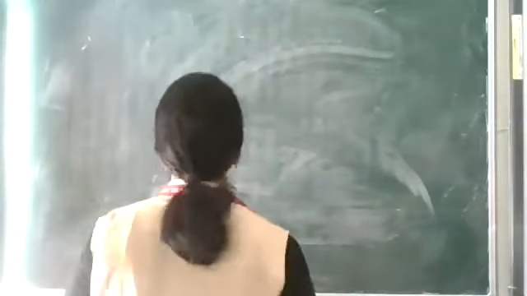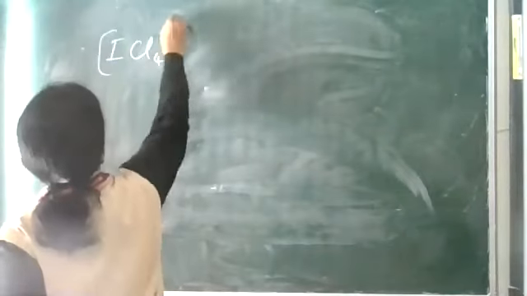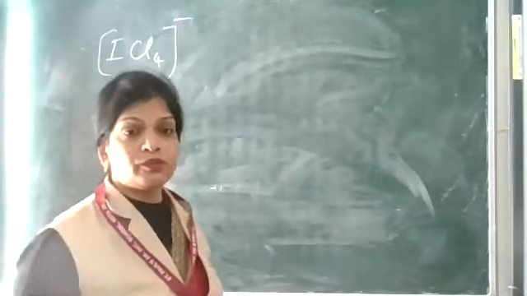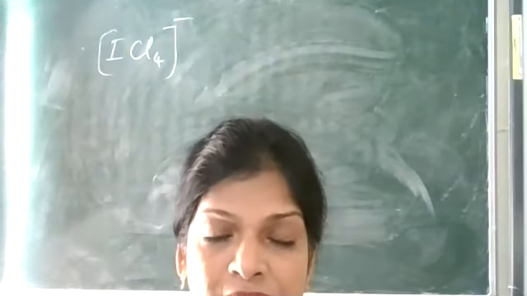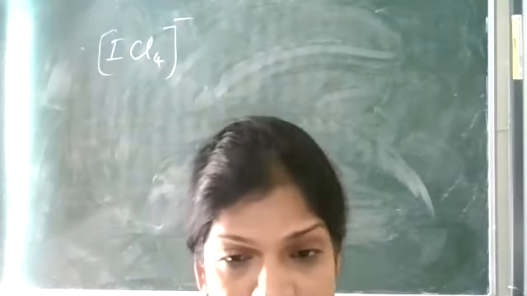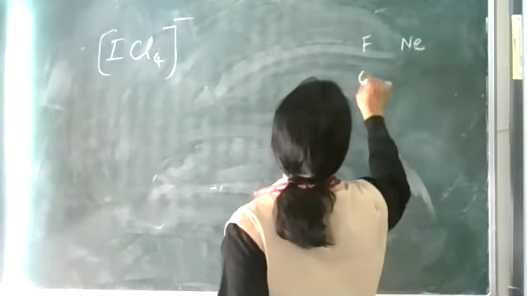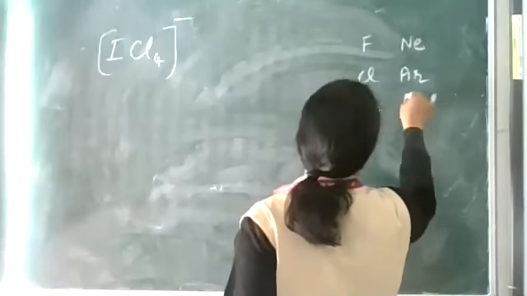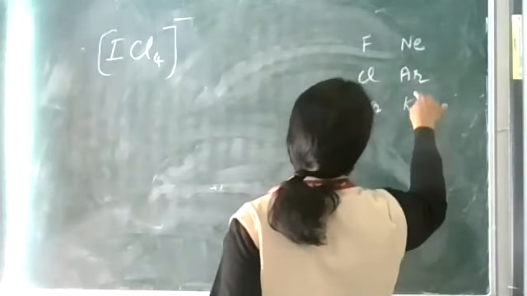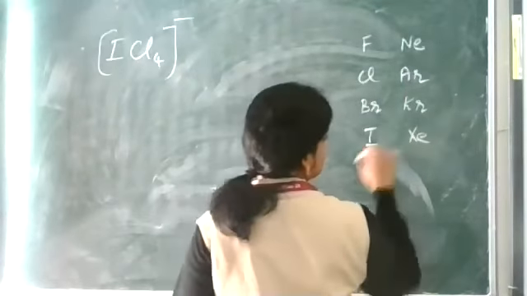Now let's do some questions. ICl4 minus: to which noble gas compound is it isostructural? So let's see. This is chlorine, neon, chlorine, argon, bromine, krypton, xenon, I minus means this Xe.